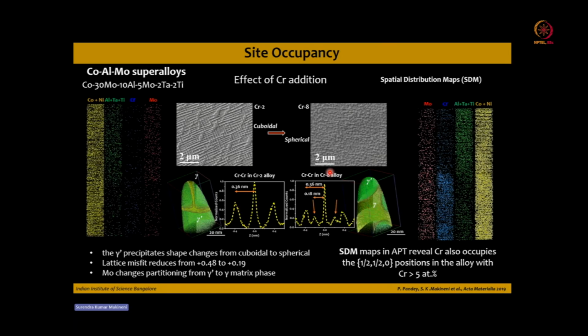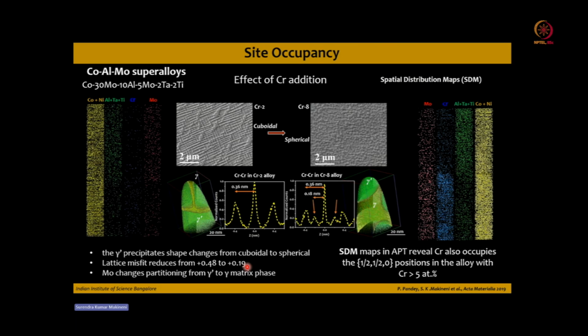However, if you increase the chromium up to 8%, you can see that the lattice site occupancy is also at 0.18. It means that due to the change in the chromium site occupancy, there is a direct impact on the lattice parameter of the gamma prime, due to which there is a change in the lattice misfit from plus 0.48 to plus 0.19. It means that the lattice misfit decreases.